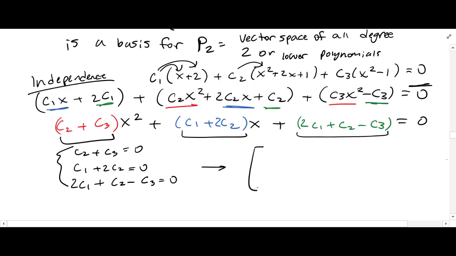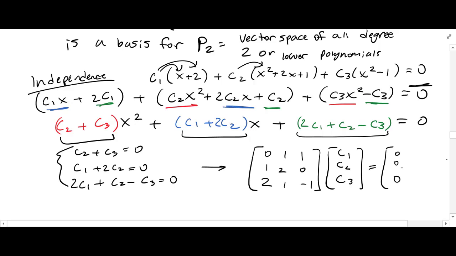Let's see, 0, 1, 1, 1, 2, 0, and 2, 1, negative 1. So just like before, we can turn the problem into a matrix row reduction, pivot finding kind of problem.